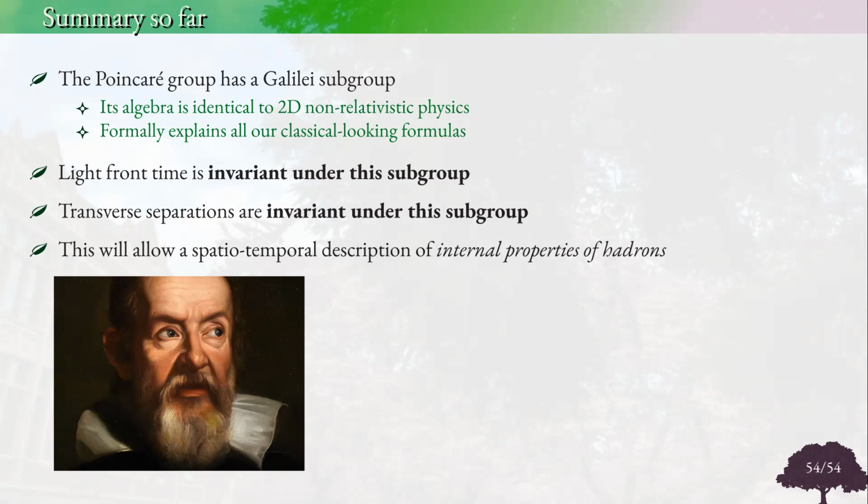Now, the question then is, if in light front, the Galilean subgroup conserves P plus, then in instant form, it conserves whatever that similarity transformation does to P plus. And the question is, what is that? Well, it would just be P0 plus P3 over the square root of 2.